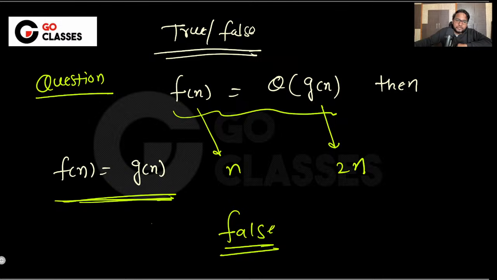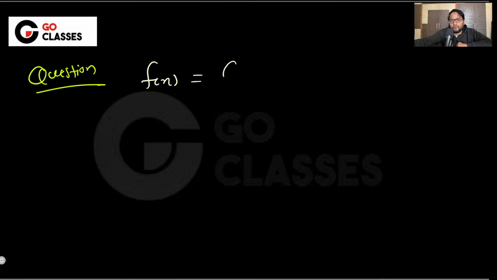Now let me ask you one more. Let's suppose they say that Fn is equal to big O of Gn.